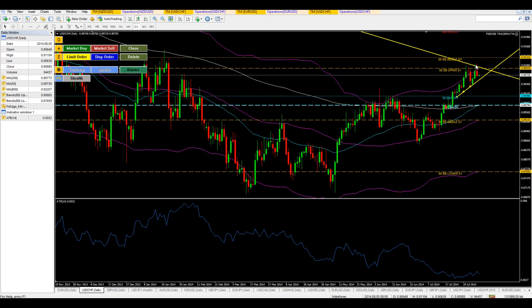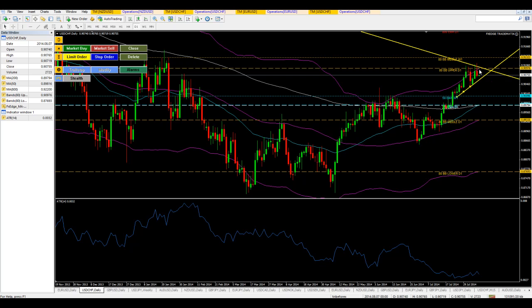The total movement in price on that pair was about 44 pips, and we were able to extract about 33 pips out of that. So that's great.